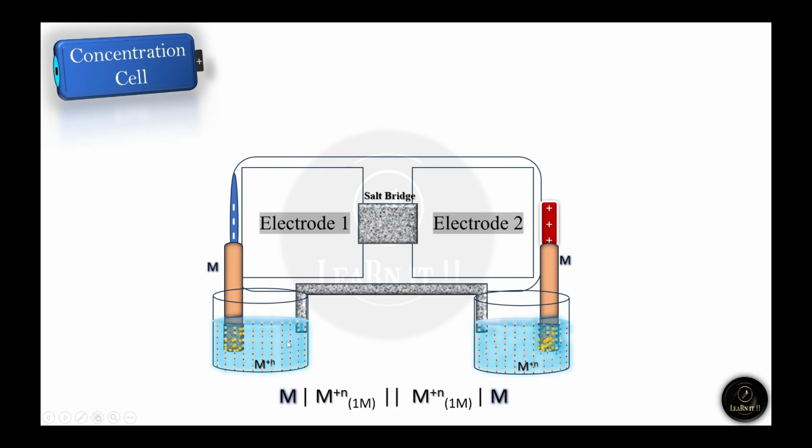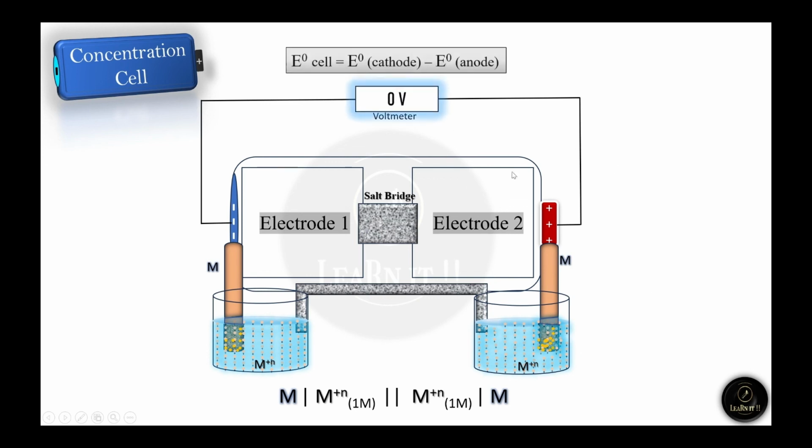If the electrolytes have the same concentration, 1 M and 1 M, maintained at NTP, then the voltmeter shows a reading of 0 volt, because E naught of the cell equals E naught of the cathode minus E naught of the anode, and both electrodes are the same.